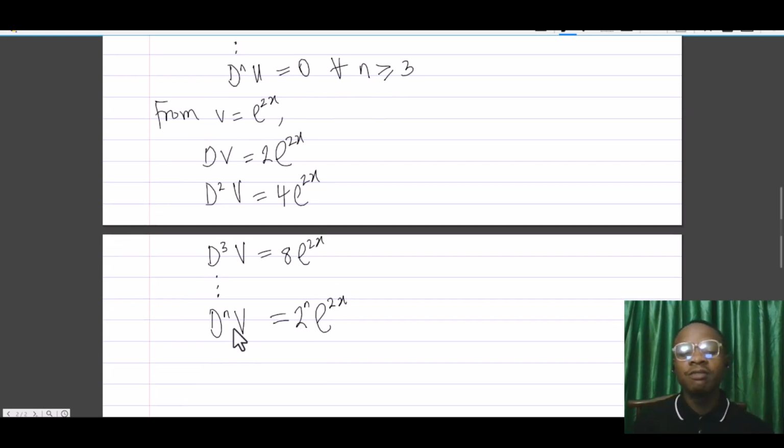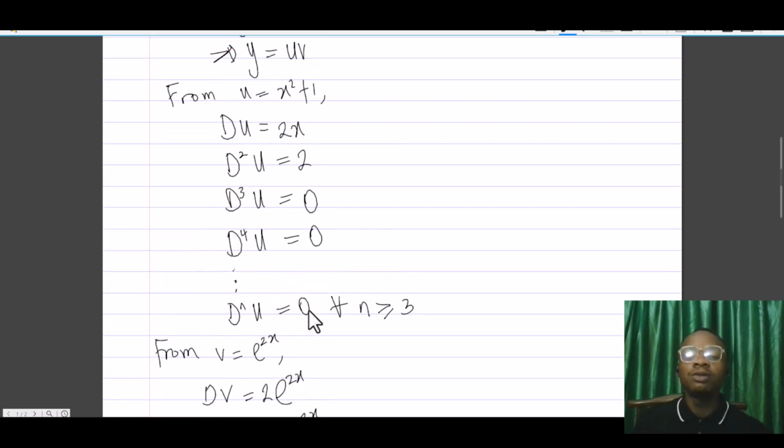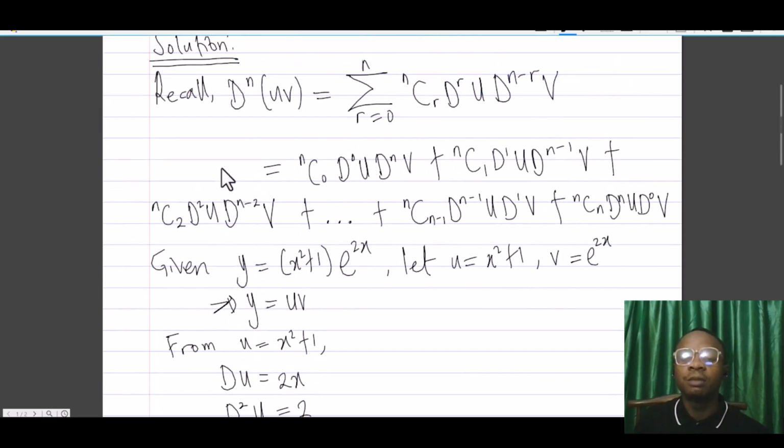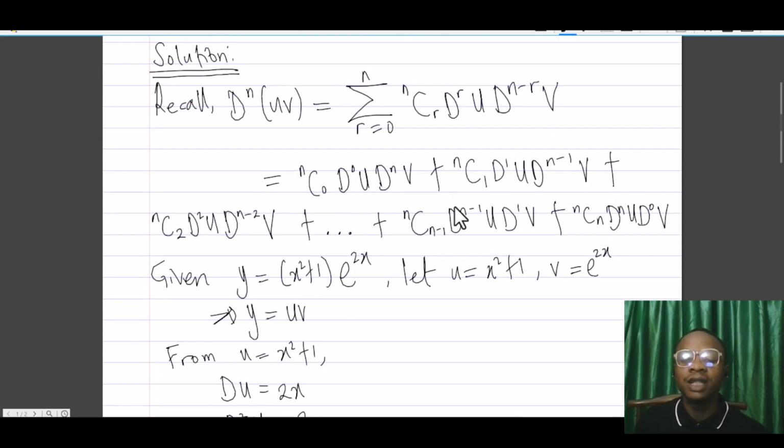Since we already have the formula for this, then we're good to go. We just go back to our expression for the Leibniz formula and insert all of this right here.